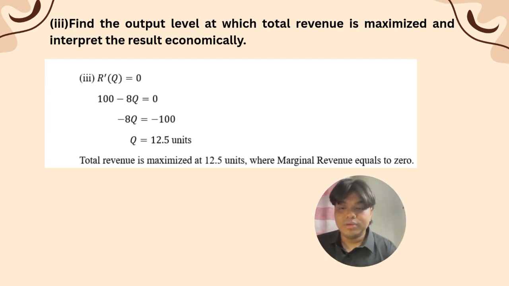Then negative 8Q equals negative 100. Then Q equals negative 100 divided by negative 8, so Q equals 12.5 units. Total revenue is maximized at 12.5 units, where the marginal revenue equals 0.